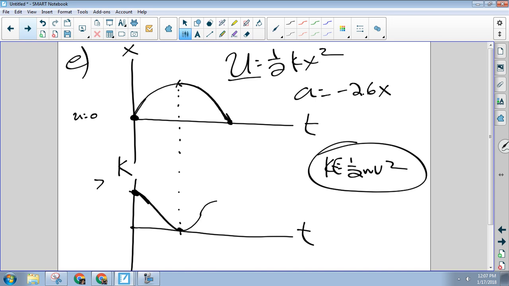So you're going to get this. And so this point corresponds to this point. What's my velocity going to be here, you guys? 0. Right here, the velocity is 0. That means my kinetic energy needs to be 0. Cool?